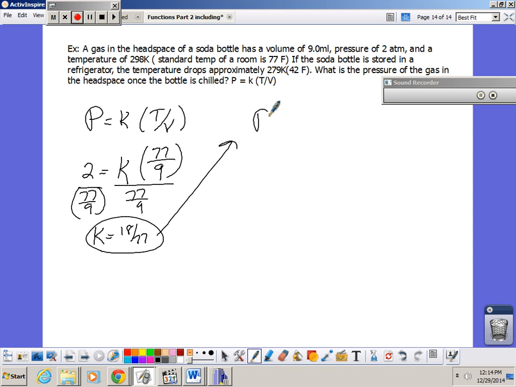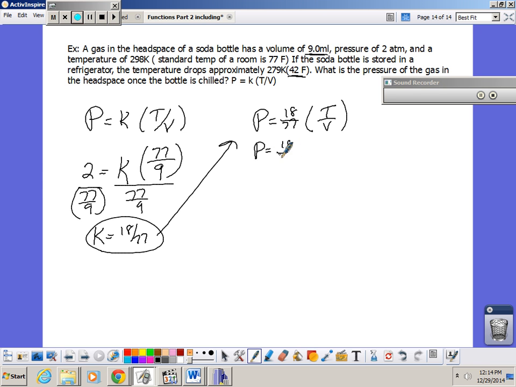Go back up. P is equal to 18 over 77 times T over V. What is the pressure of the gas in the headspace once the bottle is chilled? So I'm going to be using 42, and the volume does not change.